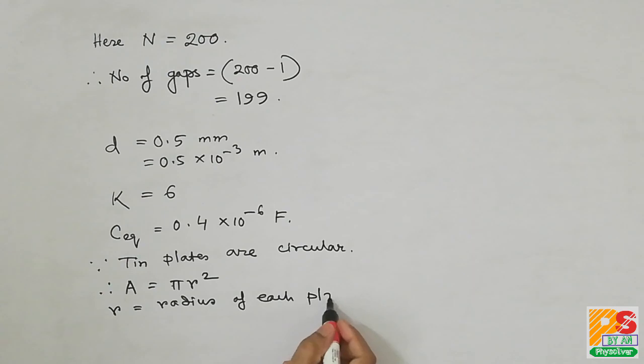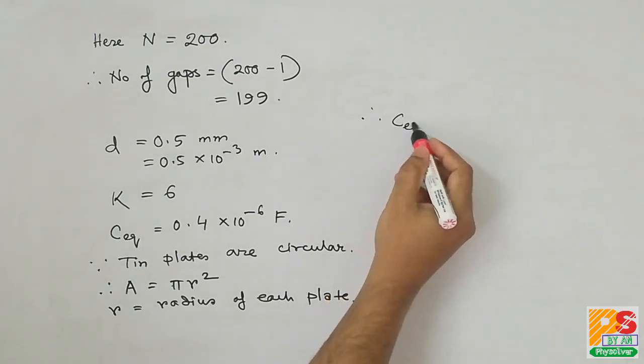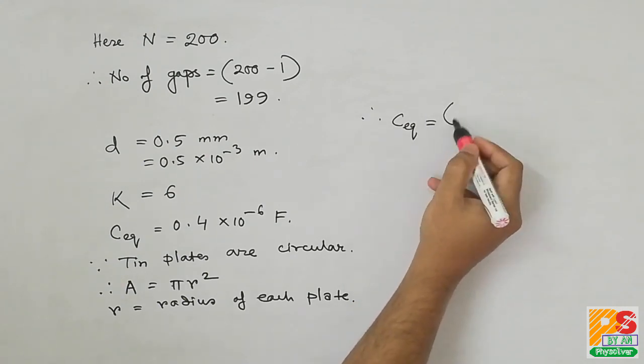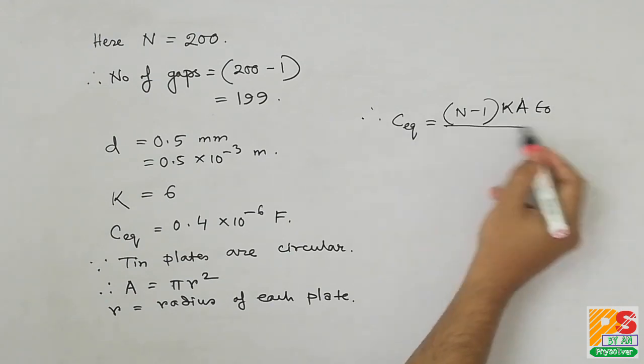Here all the n−1 capacitors are connected in parallel, so our C equivalent will be (n−1)Kε₀A/d.